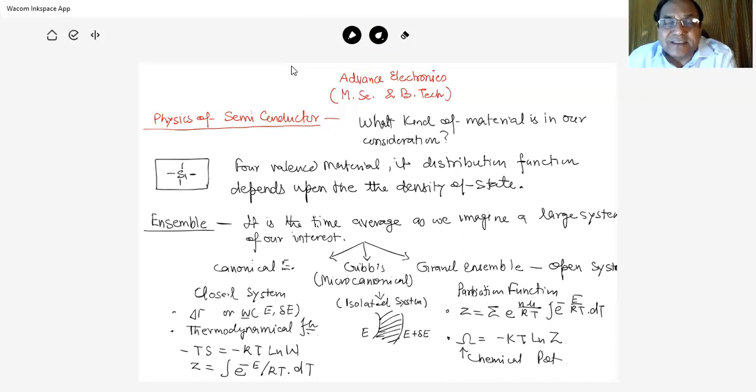So any system can be classified in three categories. First is canonical, then microcanonical, and third is grand canonical. Our interest is semiconductor material. Semiconductor material is a grand canonical system.